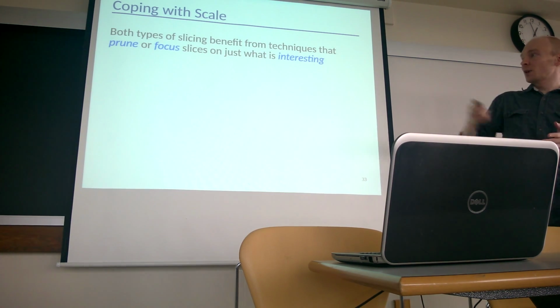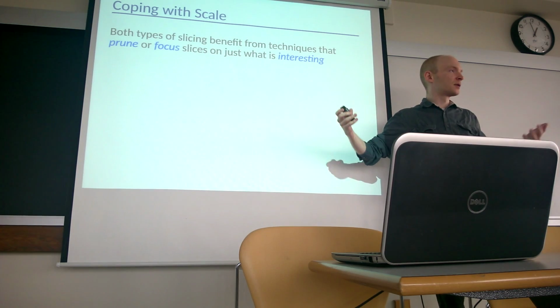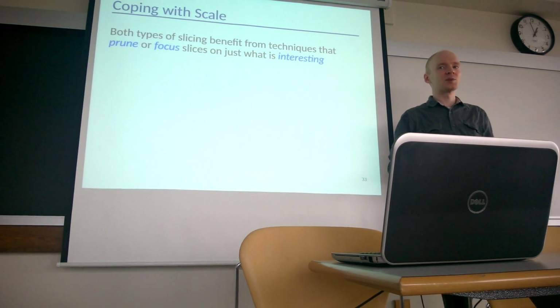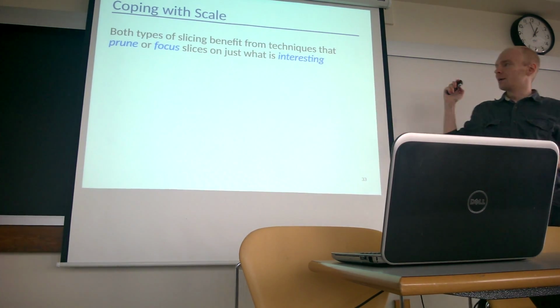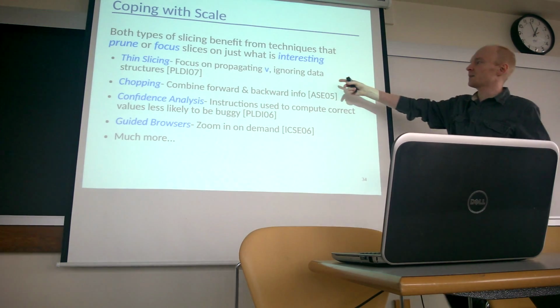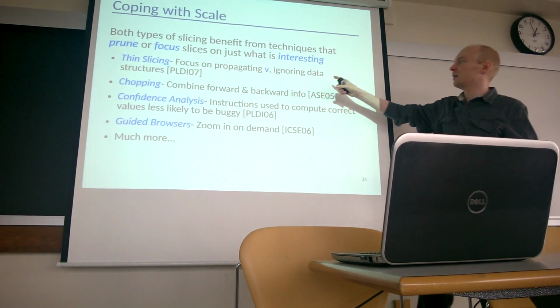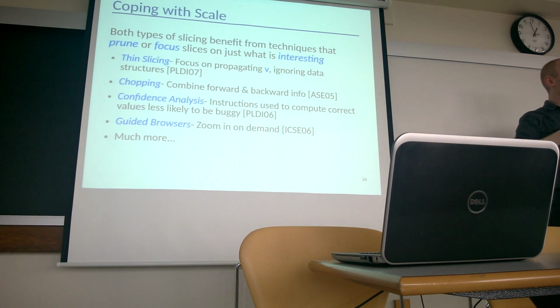Okay, so the question is, how do we prune things? How do we focus on things? And how do we use compressed representations? But we're glossing over that. So we have things like thin slicing, which focuses on propagating this original value and ignoring transference of this value through data structures.